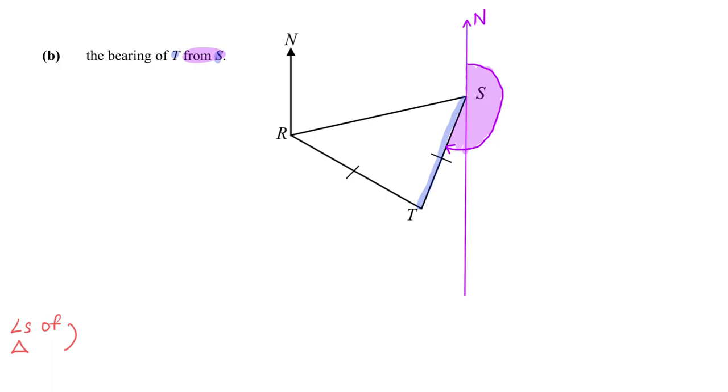Okay? Okay, there are many ways to find it. The first way is, of course, previously we know this is 70. So by alternate angle, you will then see that this is also 70 degrees.